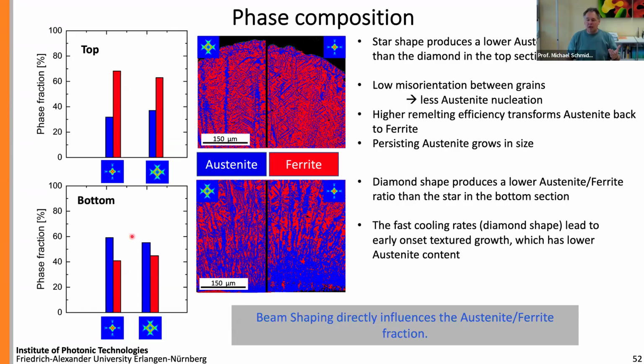So of course, after heat treatment, and let's call this an internal heat treatment that we have here, this changes the microstructure. But the starting microstructure has a big influence on the resulting microstructure. So this again brings, let's say, the causalities from the microstructure back to the beam shape.